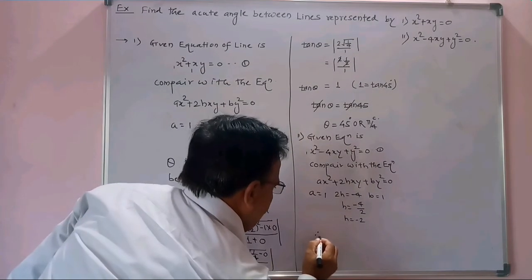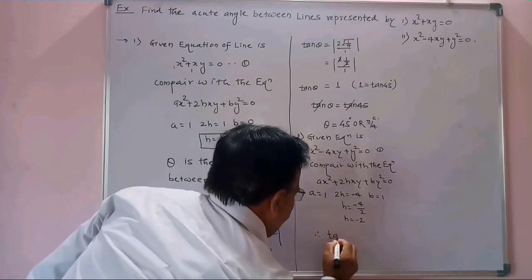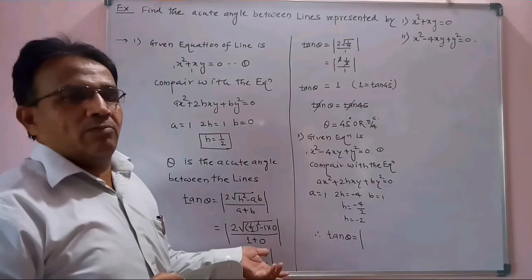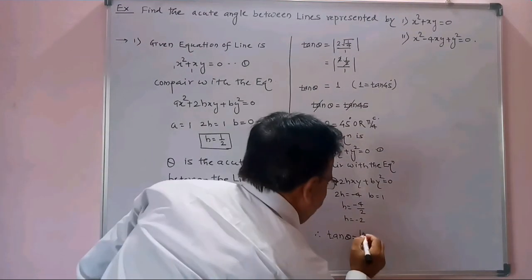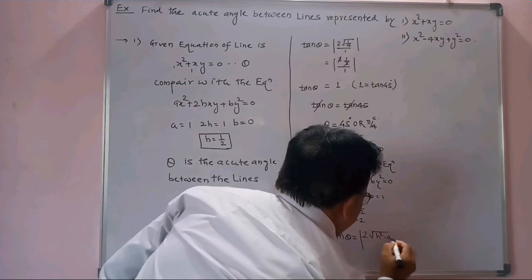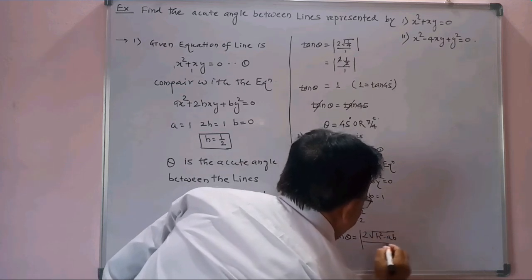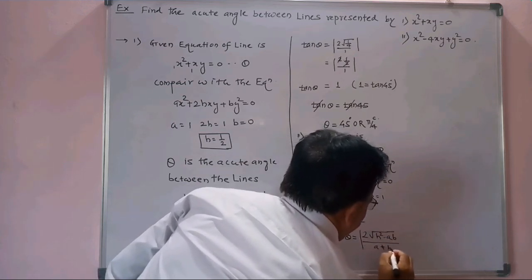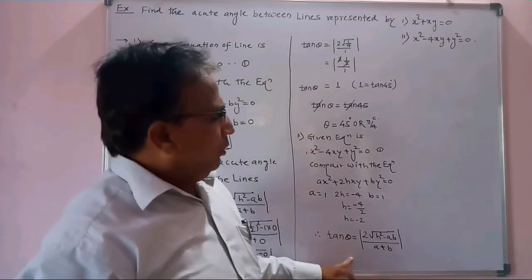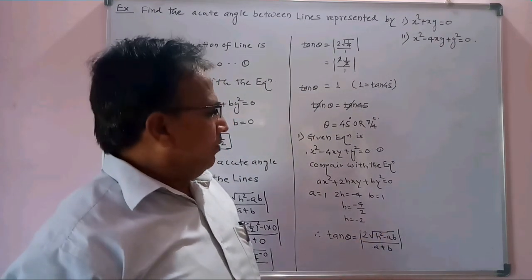Theta is the acute angle between the lines, so we use the formula tan theta equal to mod of 2 into root h square minus ab, divided by a plus b.